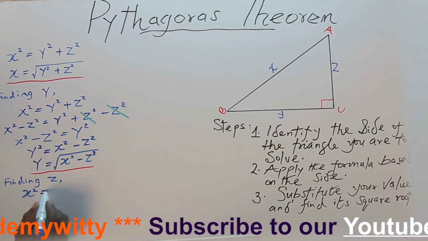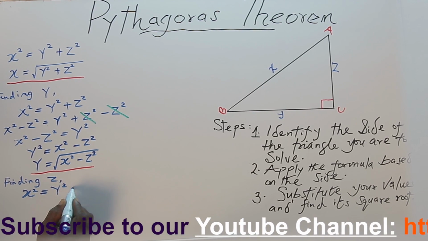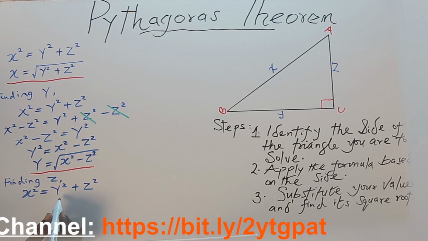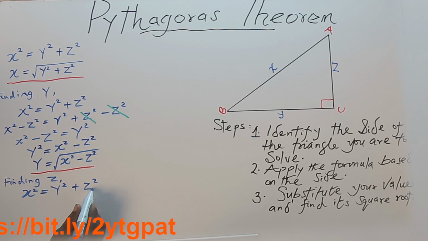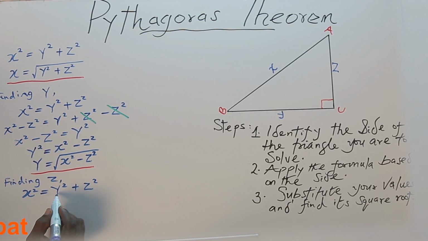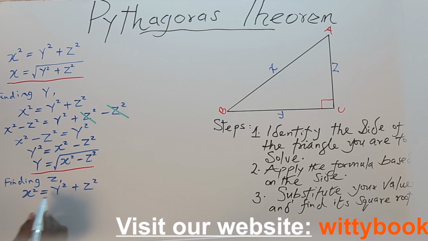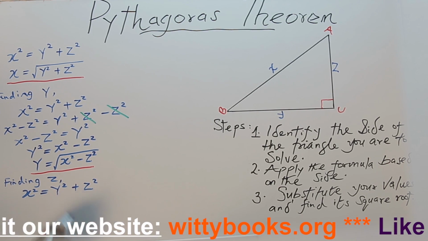X squared equals Y squared plus Z squared. Now, to make Z squared the subject of the formula, we'll subtract Y squared from the left hand side of the equation and right hand side of the equation.